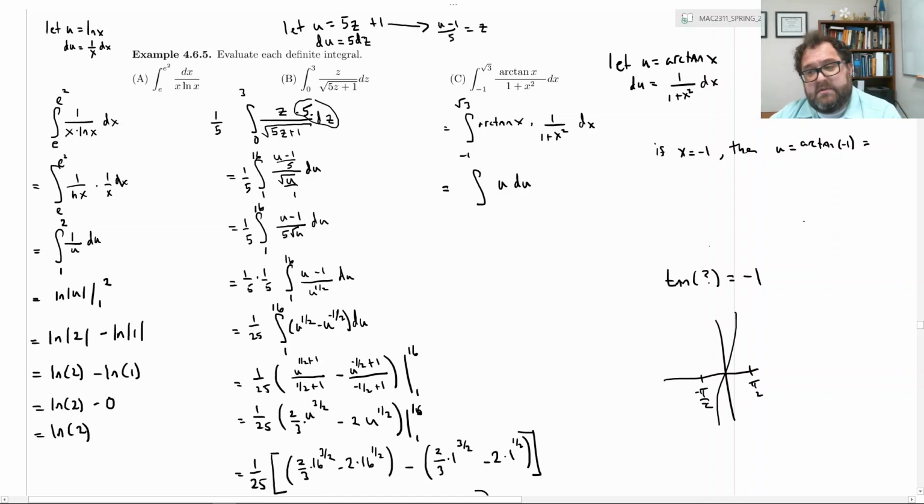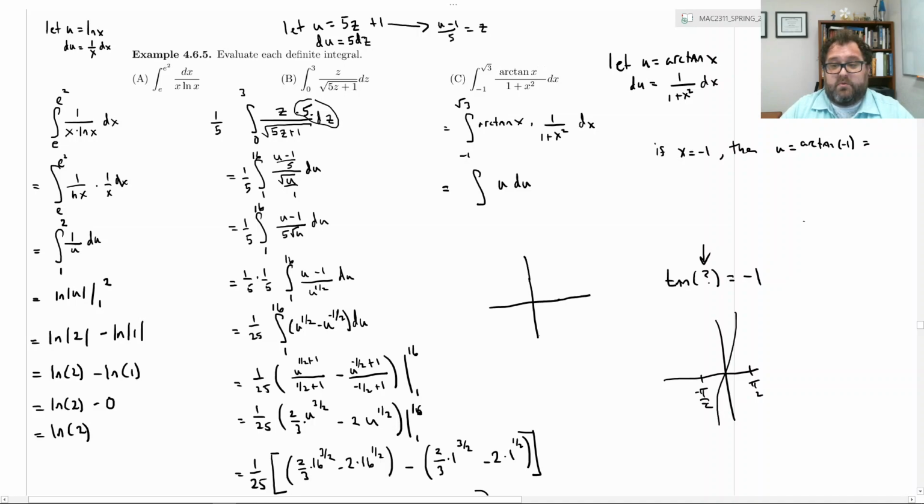My point is that our solution for arctan negative 1 needs to be between negative pi over 2 and pi over 2. So think about your unit circle. Tangent is the ratio of two sides of a triangle. I'm only focused on the right half of my unit circle here, because I'm concerned with angles between negative pi over 2 and positive pi over 2.